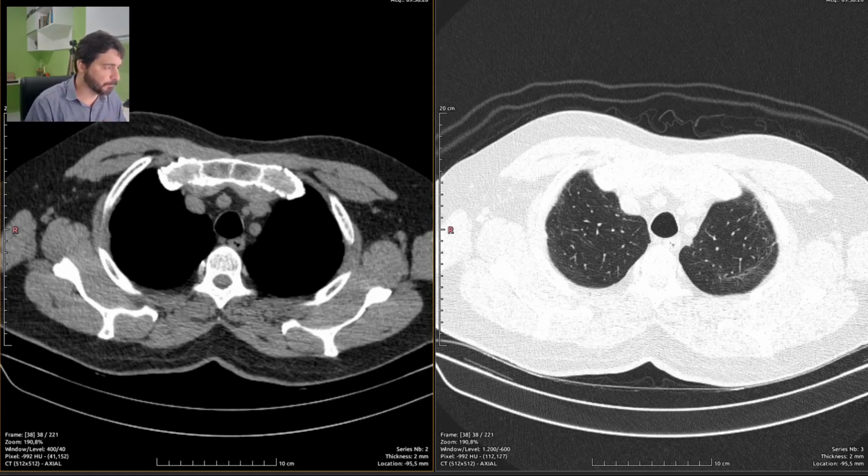The emphysema, and subpleural blobs of air. Those on the upper lobes. Linear atelectasis.